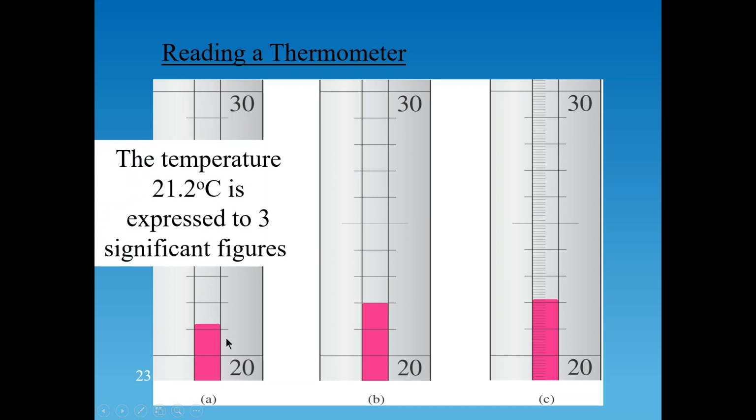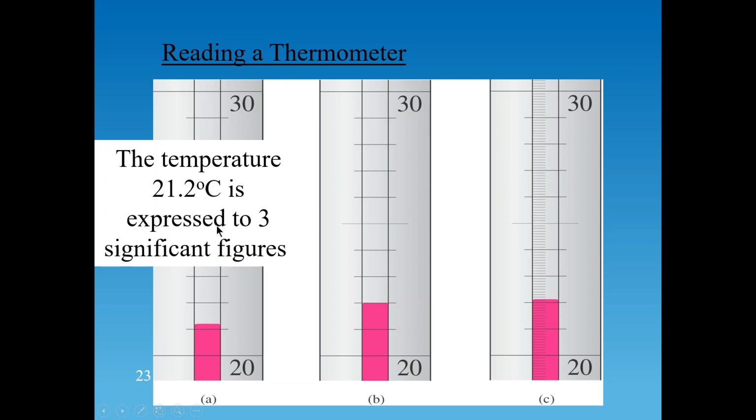But another person could look at this and say, well, this could be 21.3. That is just as reasonable a conclusion. If I were to give credit to a student who was asked to read the temperature here, and that student said 21.3, I would give full credit, because we're not certain about the digit that follows the decimal point.